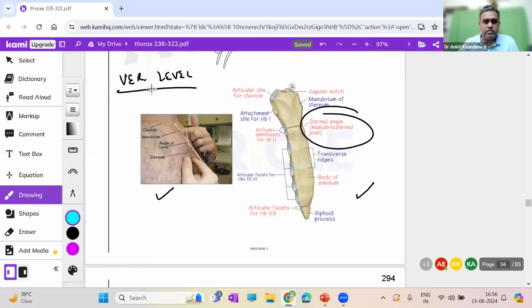The answer for that question will be T4, T5 vertebral level. Do remember this too, because you might wonder why they would ask something like this. The reason is that CTs and MRIs are so common nowadays that you should know what is happening at which level. Therefore, they might ask you this.